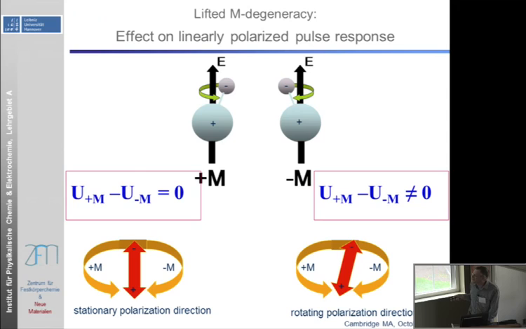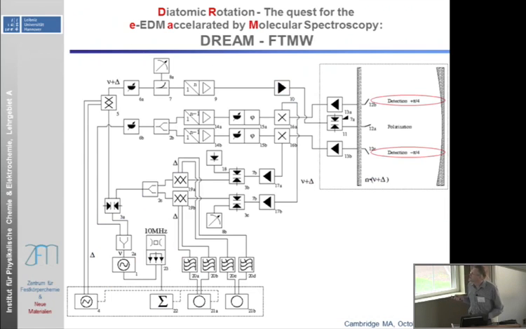And you can detect this much, much better than trying to get a tiny splitting for a line that is broader than the splitting you expect, because the splittings we expect are in the hertz range or millihertz range. So what you do is you build a spectrometer. This time I didn't color code this. You just need more components, but the main difference is two detection antennas here at 45 degrees to your polarization antenna.